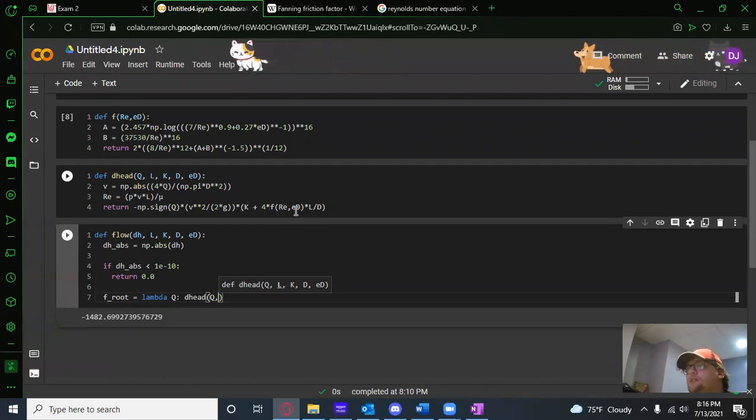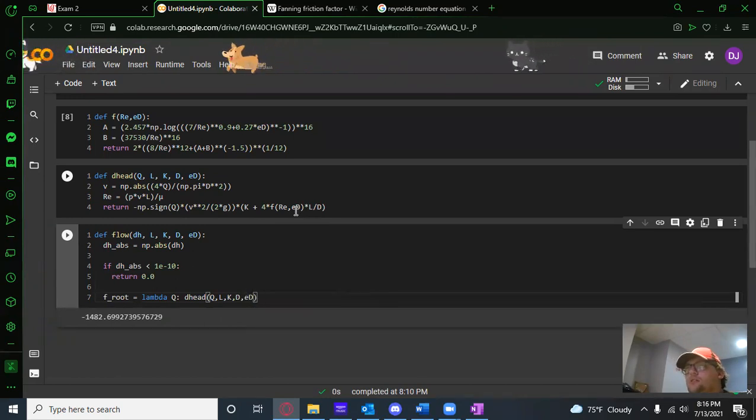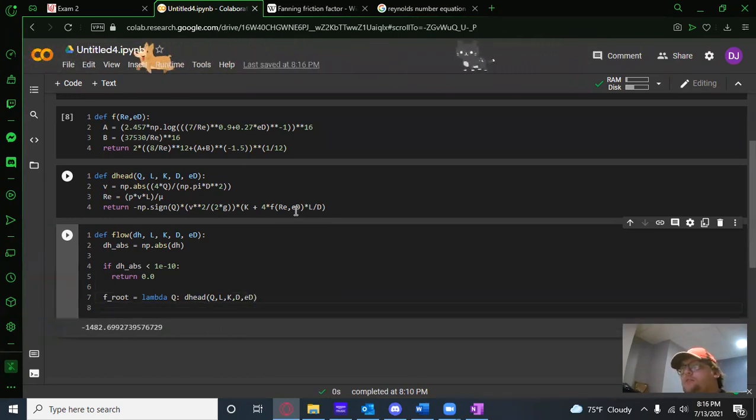So length will be what we're plugging into our function, K, diameter, roughness. And with that, we're going to be plugging that into our Newton solver.